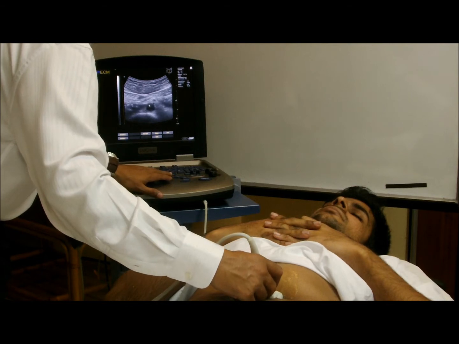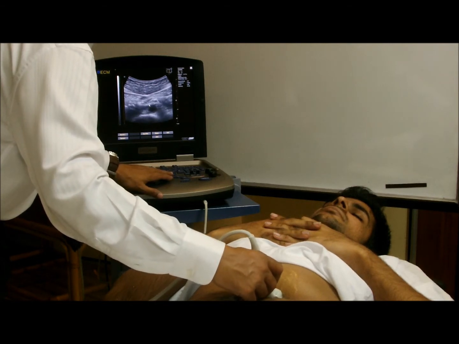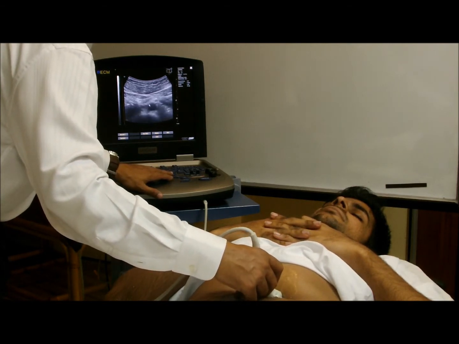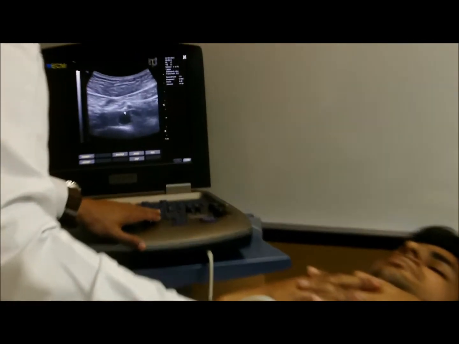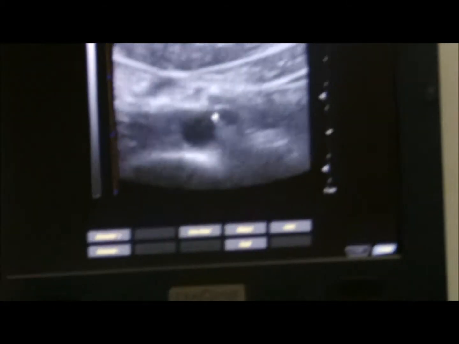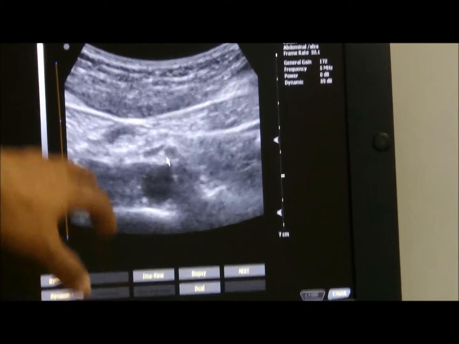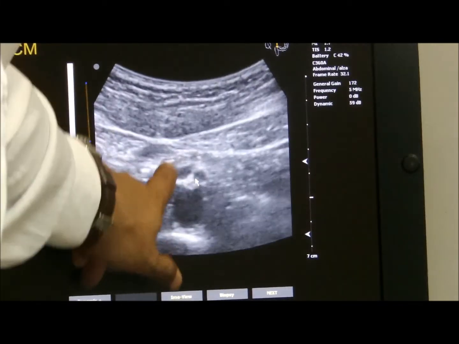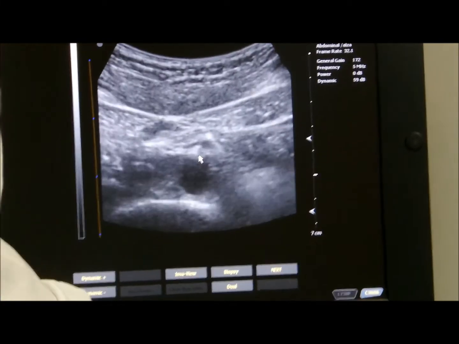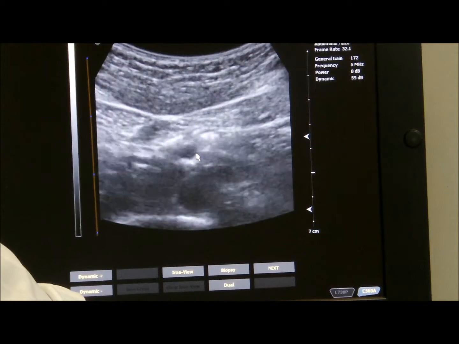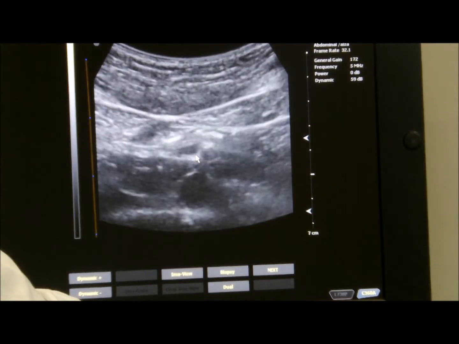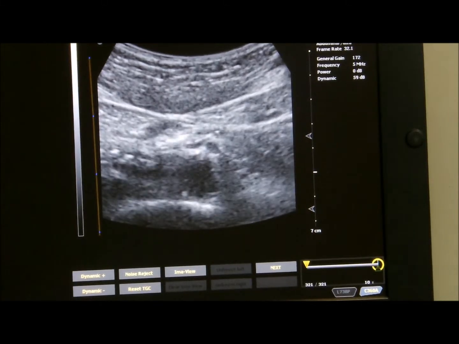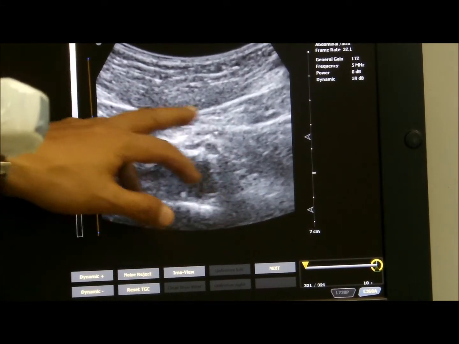And above the superior mesenteric artery, you will find a structure close to it, which is the splenic vein, which is compressible. It's like a tadpole there. So when you find this structure, you have already found your head of pancreas. Okay? So this is the area of the head of pancreas.